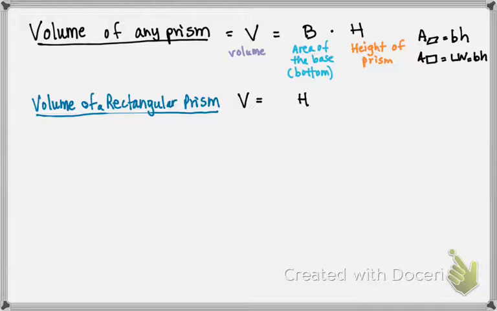So for me, I know that the area of a rectangle is length times width. So now I'm just going to multiply length times width times height. Okay, so this is based on the base of the prism. Okay, and again, the big H is going to be separating the prisms from each other.